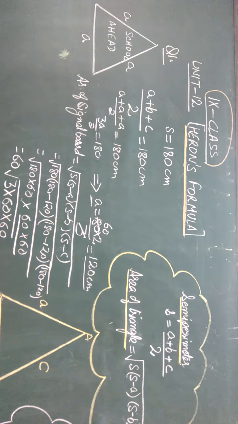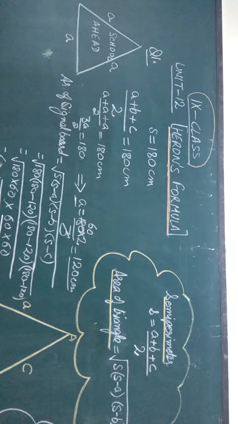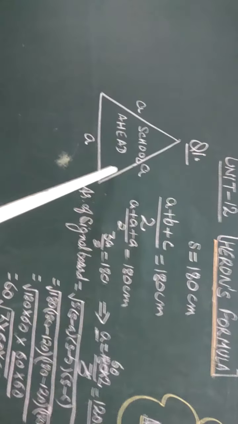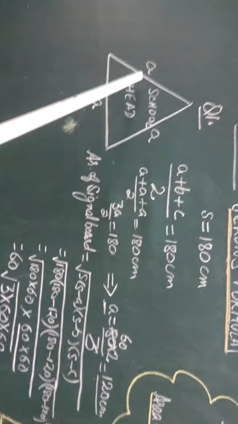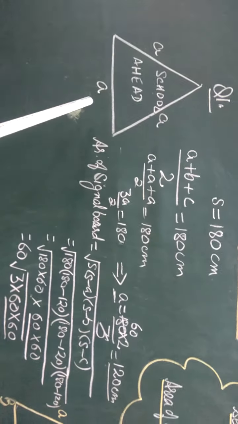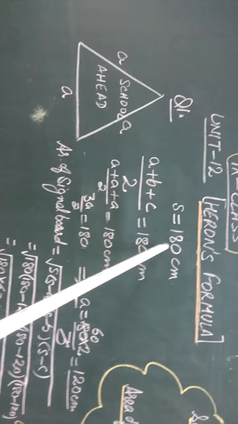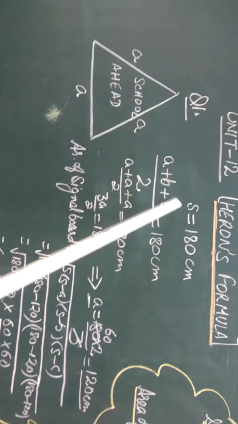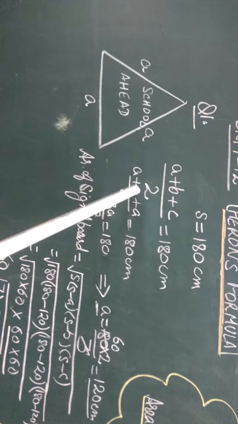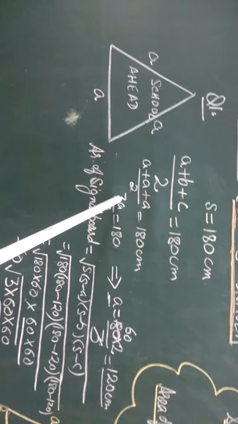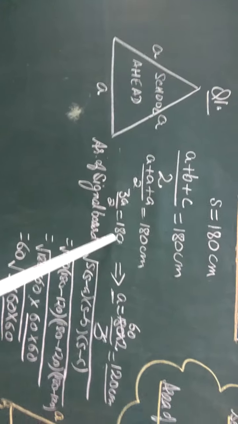So let us quickly revise the whole question. Very first of all, because an equilateral triangle is given to us, all three sides are equal, each equal to a. The semi-perimeter is given, s equal to 180 centimeter. Because each side is a, a plus a plus a is 3a divided by 2, equal to 180.